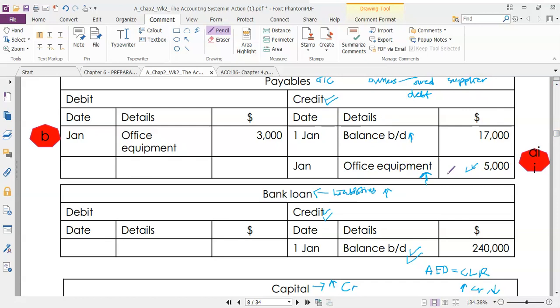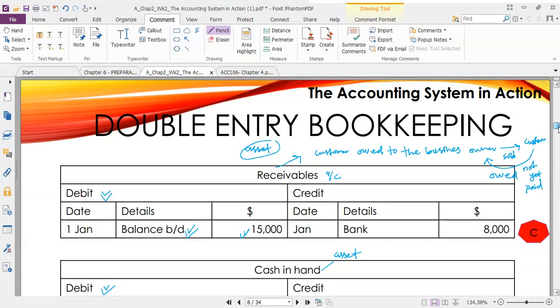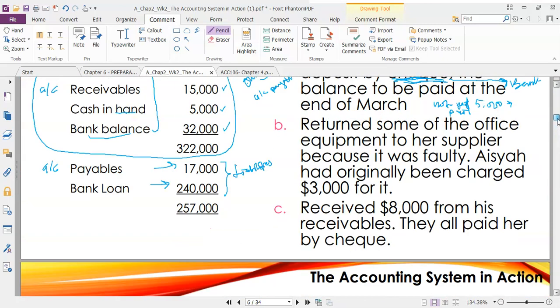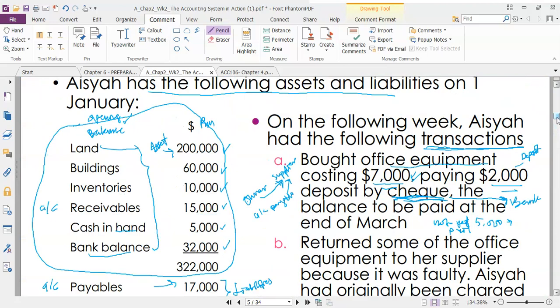Because of liability. When the liability is increased, we must put in the column of credit side. Boleh faham tak? Alright, very good. So next, dah settle untuk transaction yang A.